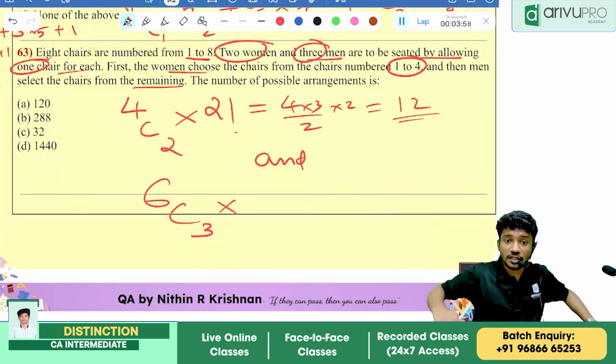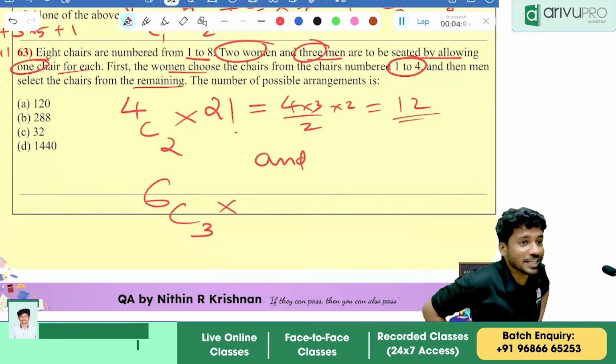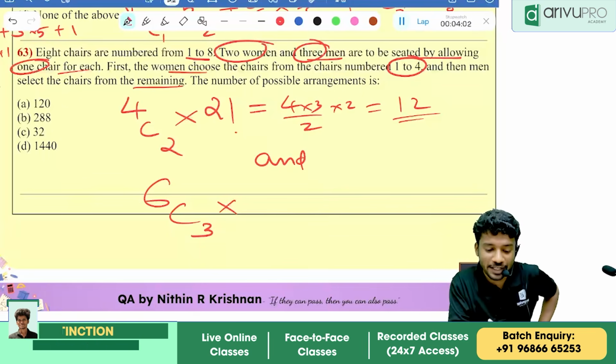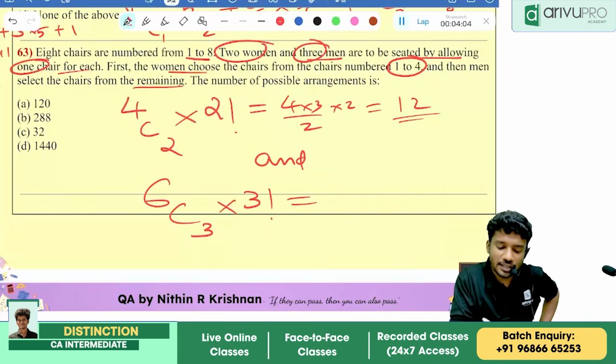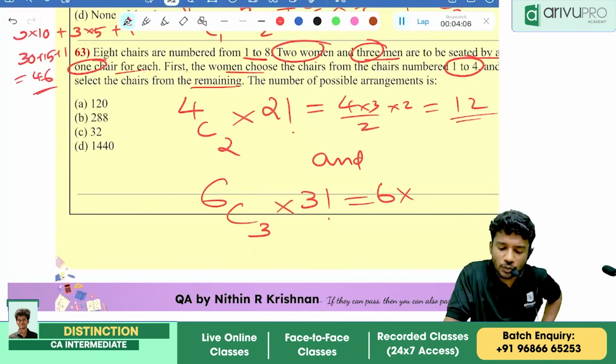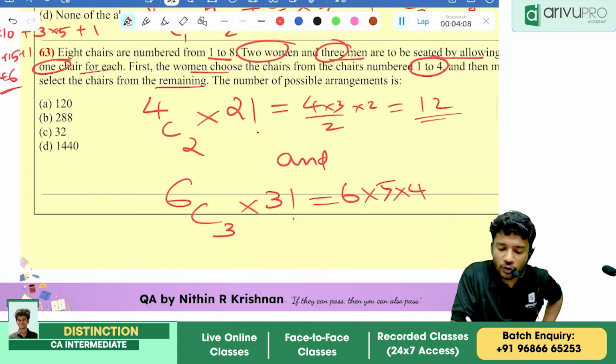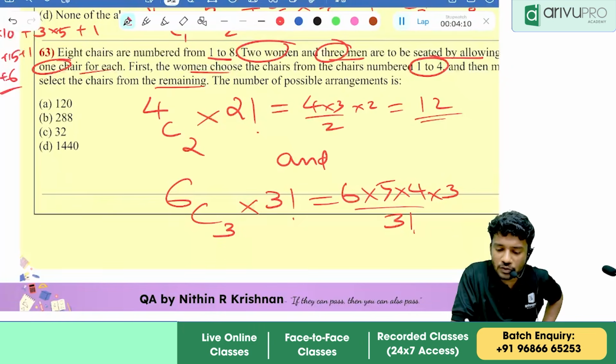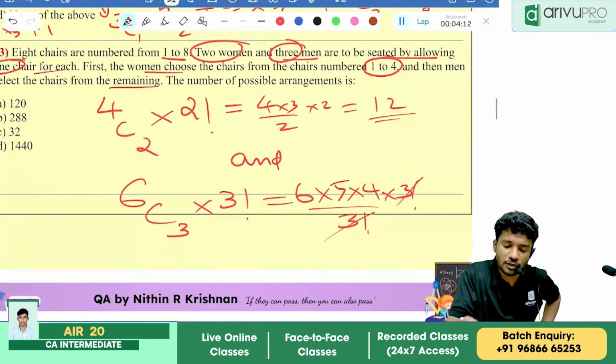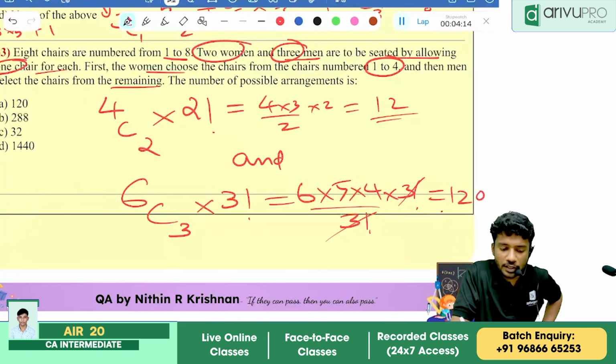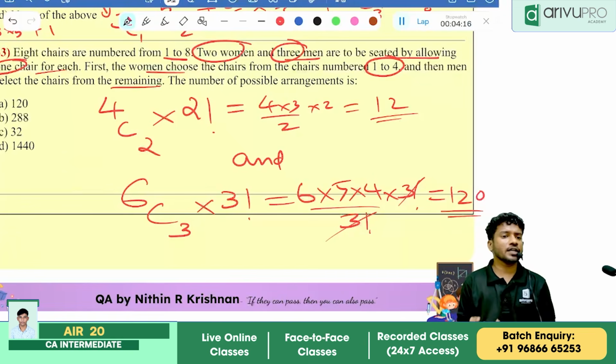After selecting the chairs, will they look at the chair and stand there? No, they will sit. How many ways can that be done? 3 factorial ways. That is 6 into 5 into 4 divided by 3 factorial into 3 factorial. Cancel. The answer is 5 into 4 into 6, 120. Okay. Till here everything is fine.